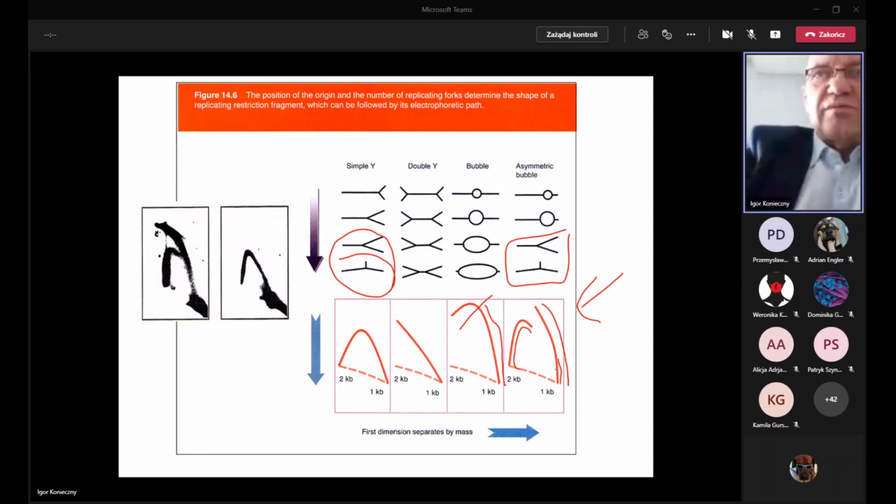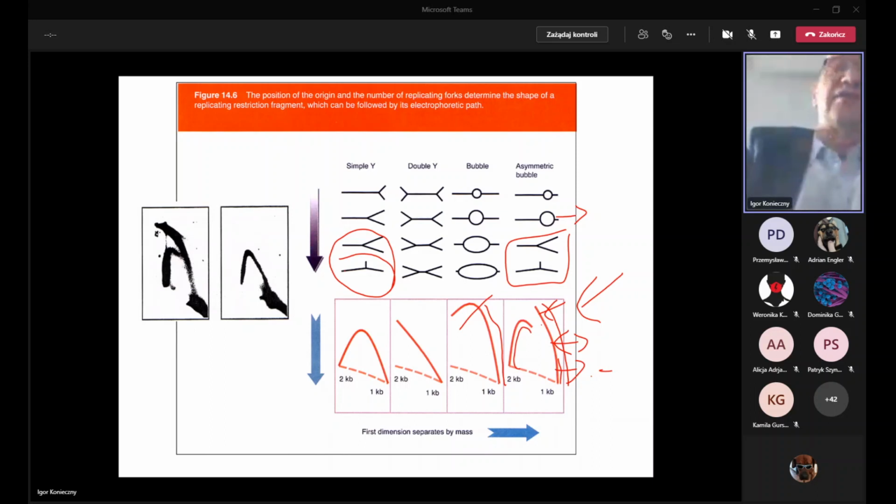If I would collect the samples from this position, it's going to be small bubble, from bigger bubble, and the big bubble, but not the biggest one, because then, because of the cut, an extension of replication fork to this direction, then we have Y's, and that's it.